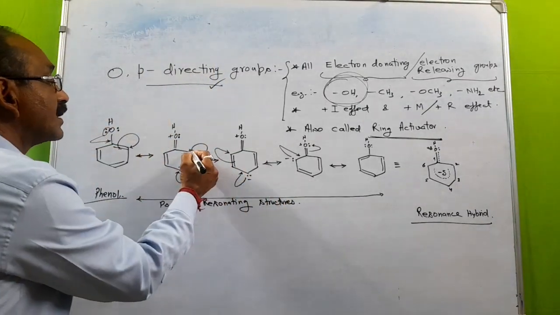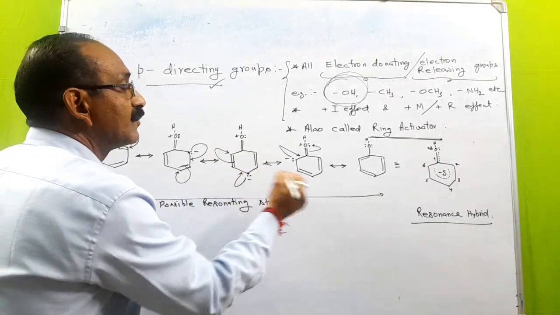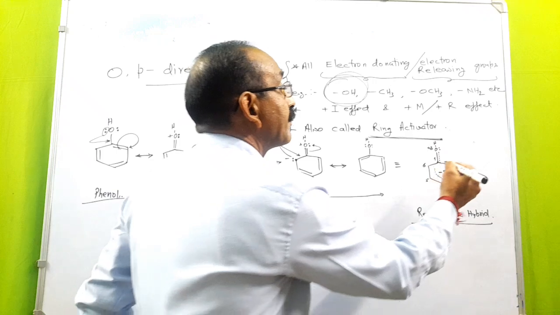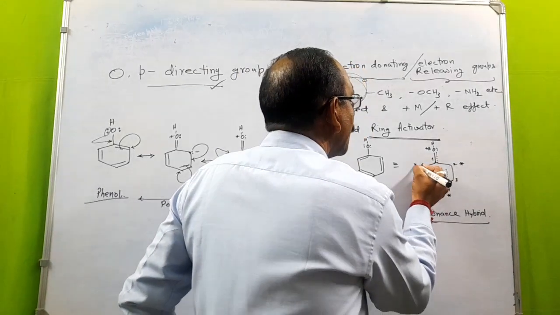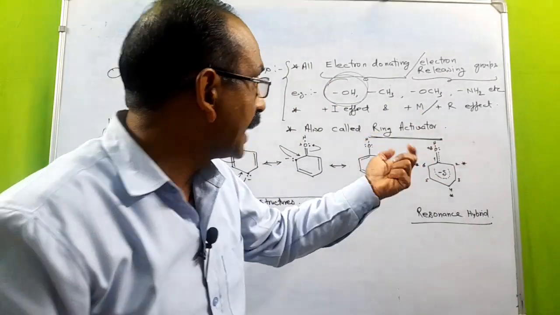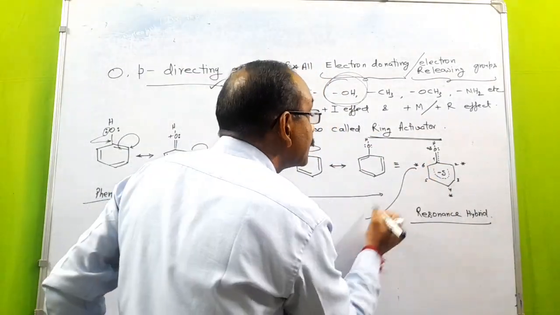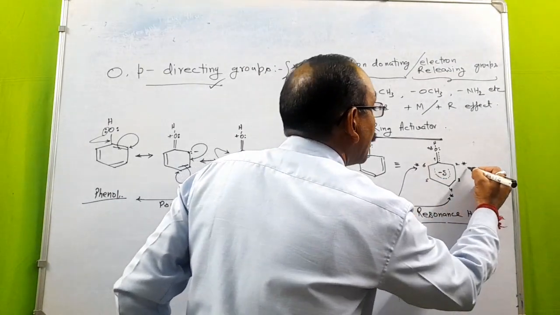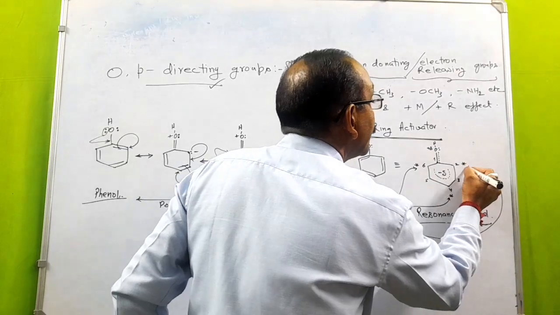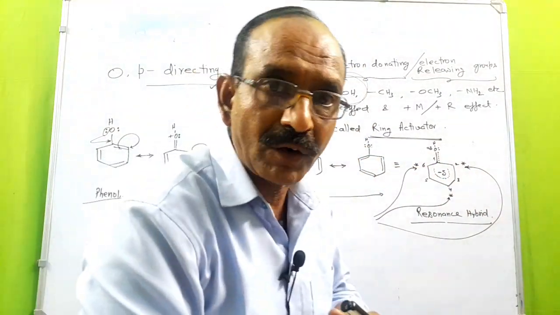You will find that the negative charge arises at position 2, 4 and 6. It means, due to presence of electron cloud over the ring above and below the plane of the ring, this ring becomes susceptible to electrophilic attack.